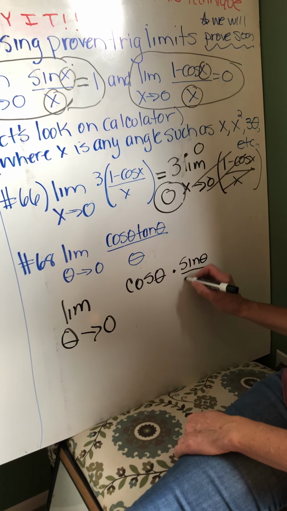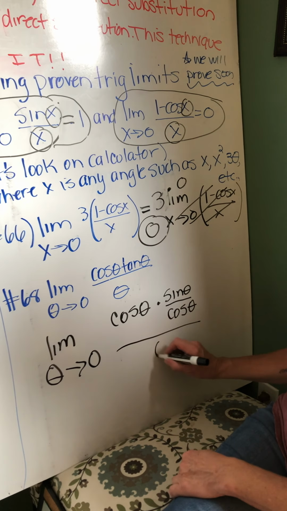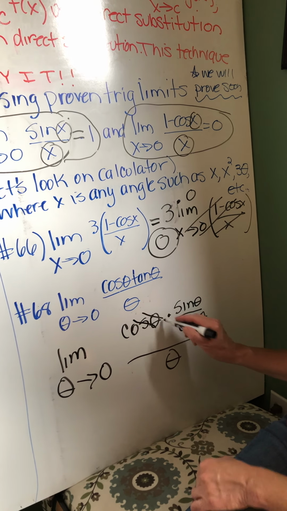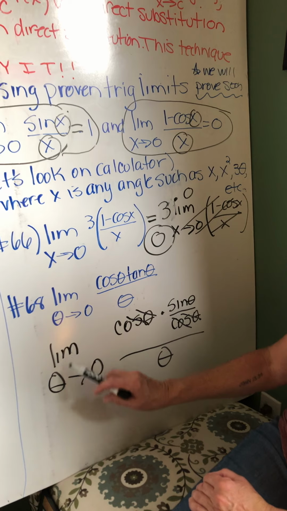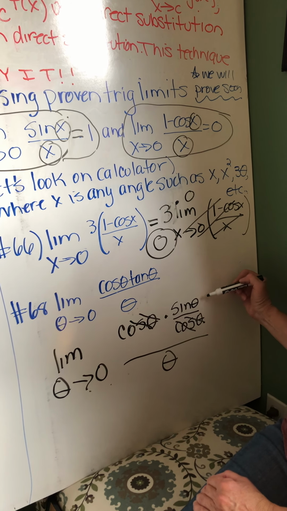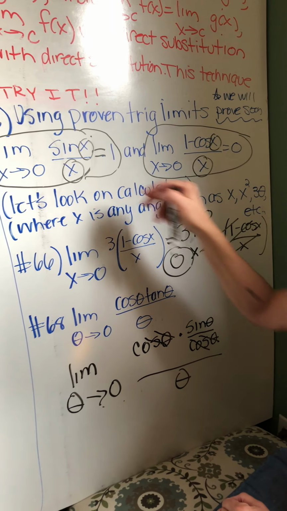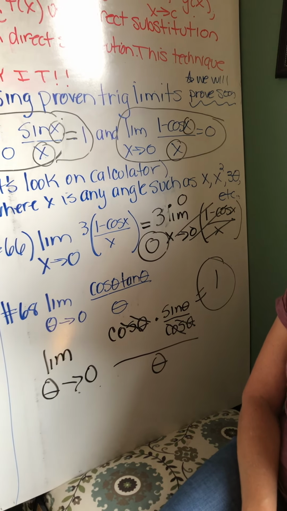Oh, look at that. Trying to write a simpler function. There we go. The cosines cancel. Notice what I have is the limit as theta approaches 0 of sine of theta divided by theta. I made a perfect match right here. This limit is equal to 1.